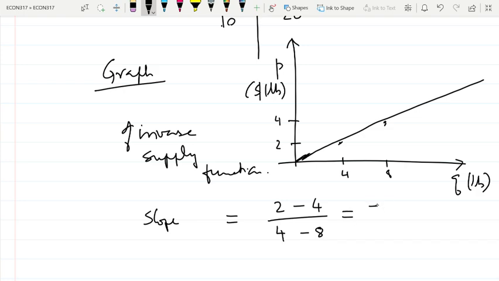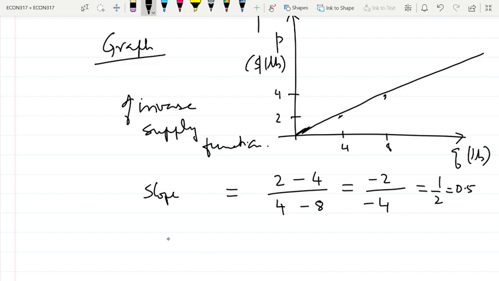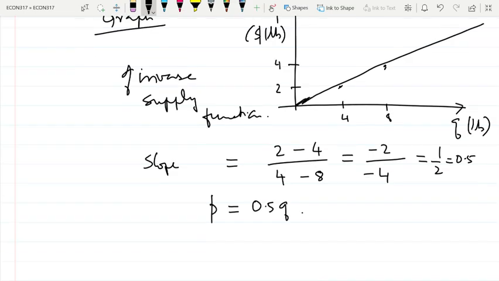So 2 in the numerator, 4 in the denominator, 1 over 2, 0.5. So the slope of the straight line is 0.5, and the vertical intercept is 0, which means the formula for the inverse supply function is P equal to 0.5 Q. So that's the inverse supply function.